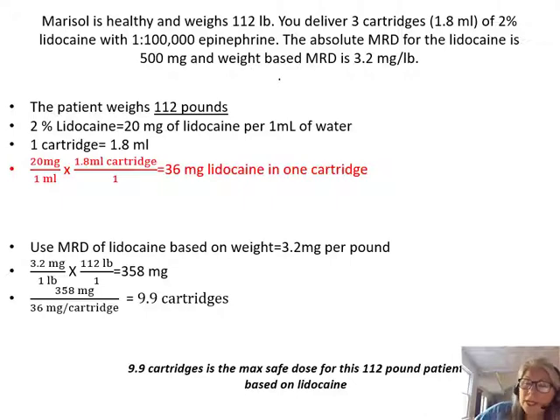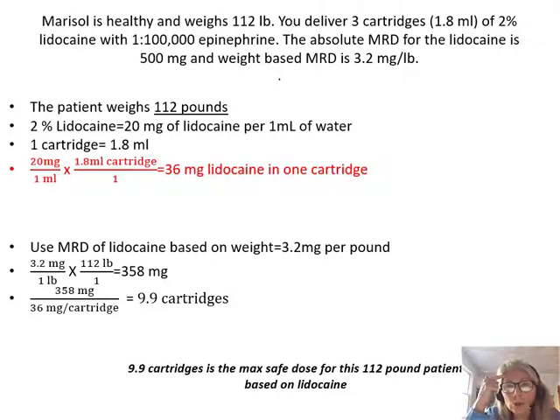So for the next few slides, the first thing we want to do is we always want to be safe. So for this patient, we're going to calculate their maximum recommended dose for lidocaine and also for epinephrine. So let's take a look. Marisol is healthy and she weighs 112 pounds.